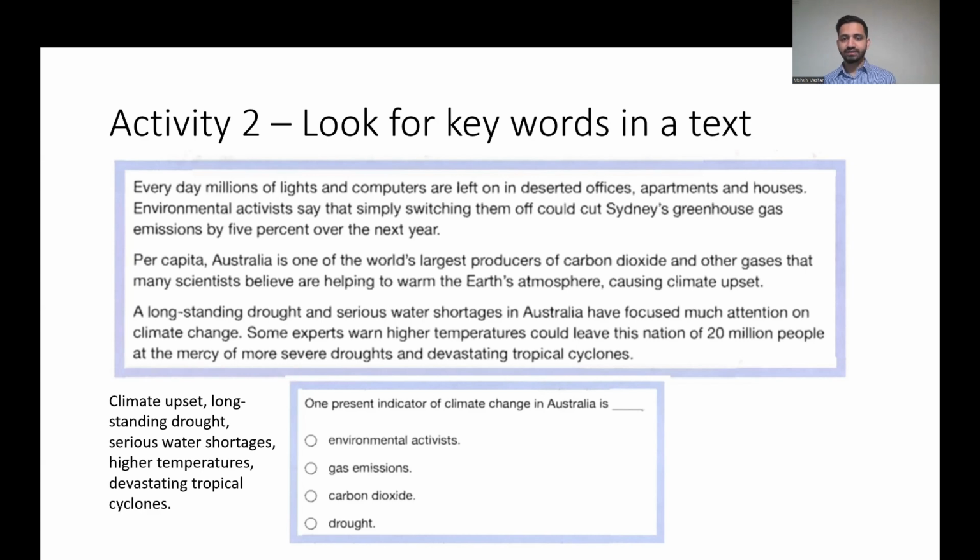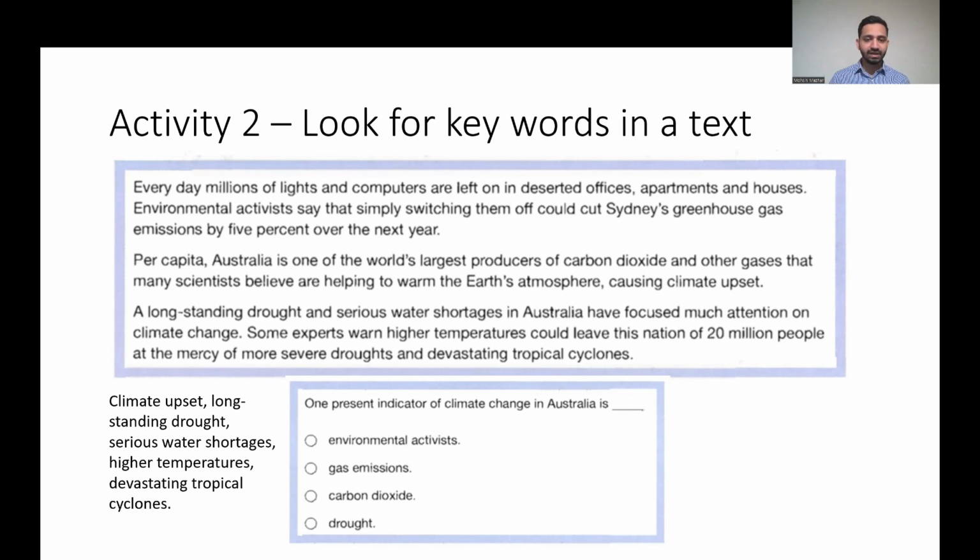Now, just by reading it without even reading the passage, I'm thinking in my mind, the present indicator is a sign of climate change. So if I look at this indicator, I can say the climate is actually changing in Australia, or all over the world. Environmental activists are not an indicator. They are the ones who are identifying the indicators, right?